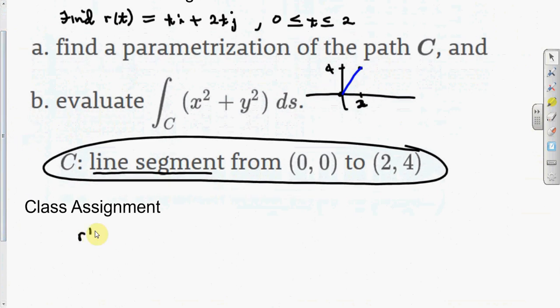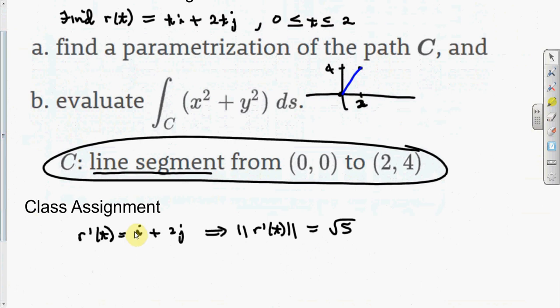So you found that r prime of t, right? So that guy was i plus 2j, and then you found its norm. And this guy is the square root of 5. Did everybody get the square root of 5 for that magnitude? Good.